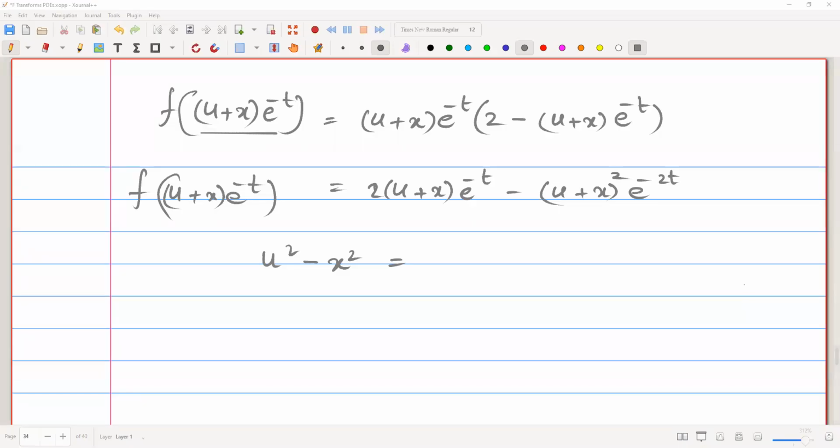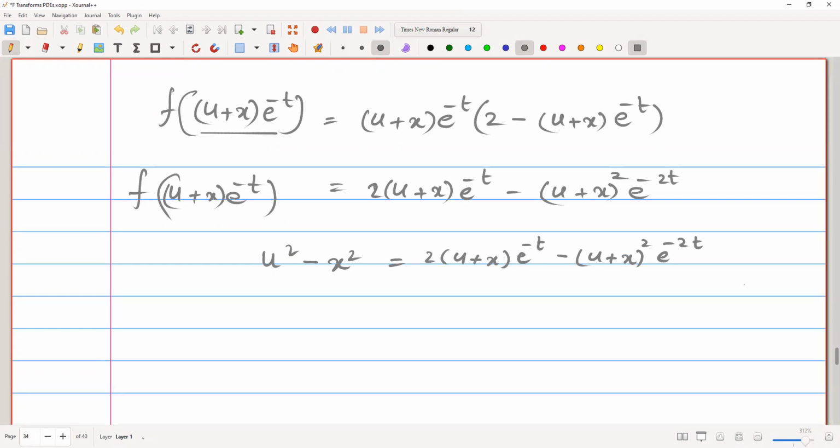So we have u squared minus x squared equals 2 times u plus x into e to the power negative t minus u plus x whole squared e to the power negative 2t. If we want to simplify this, we can do it by some algebraic manipulation.